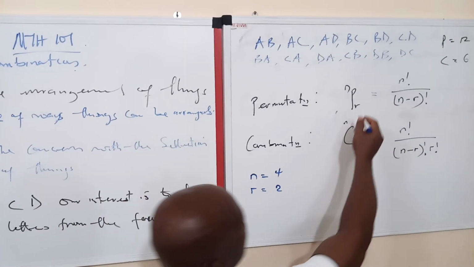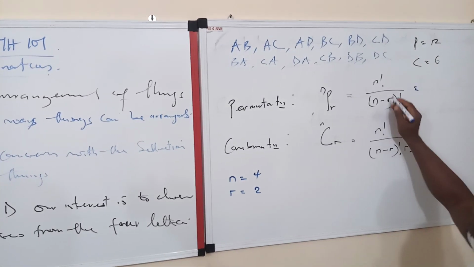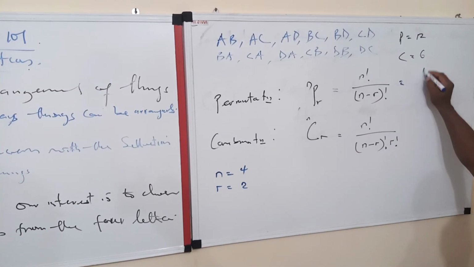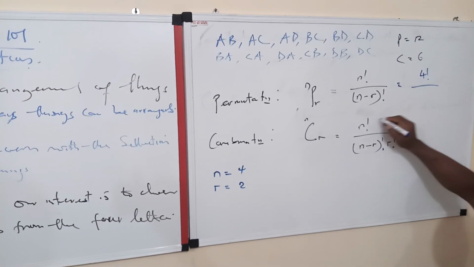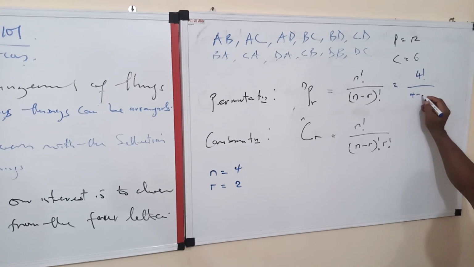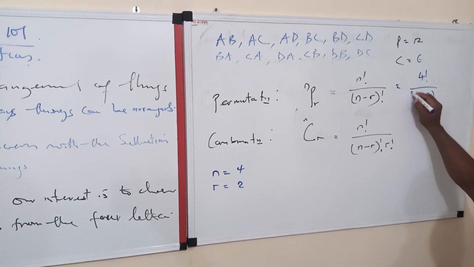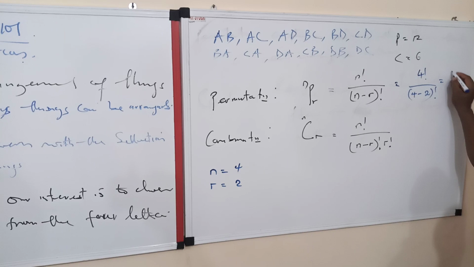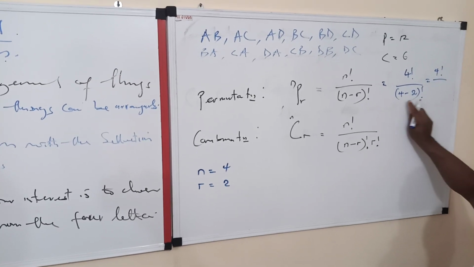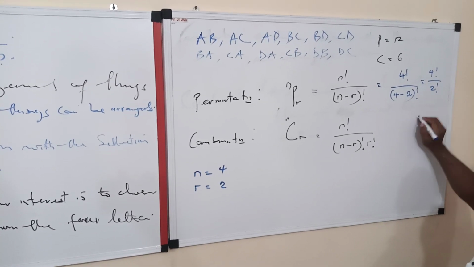So if we want to put that into this, you can see that n here is 4, so we have 4 factorial all over (4 minus r, which is 2) all factorial. And this is 4 factorial all over 2 factorial.